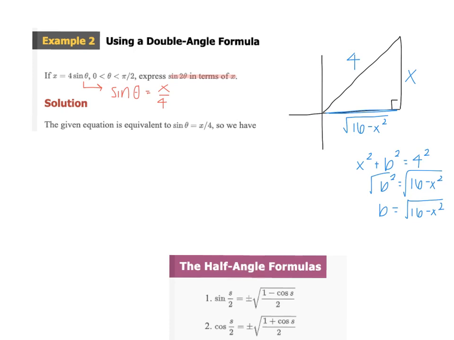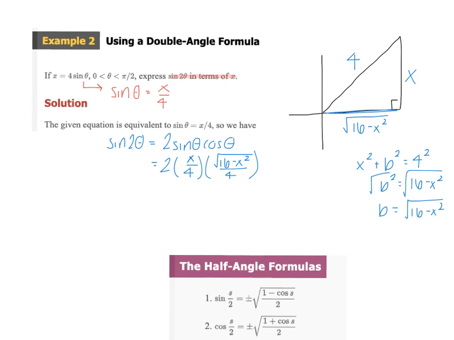Okay, so let's finish up solving this. In the solution, I gave you kind of a hint if you were a little stuck, but it said given the equation is equivalent to sine theta equals x over 4, exactly what I have there in red. So now we're finding sine of 2 theta. Using my formula, I know it's 2 sine theta cosine theta. My sine is x over 4. Cosine, it's a bit messy, but there is my work.